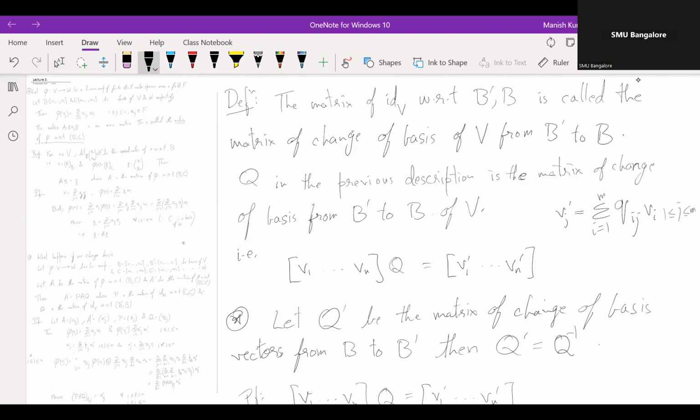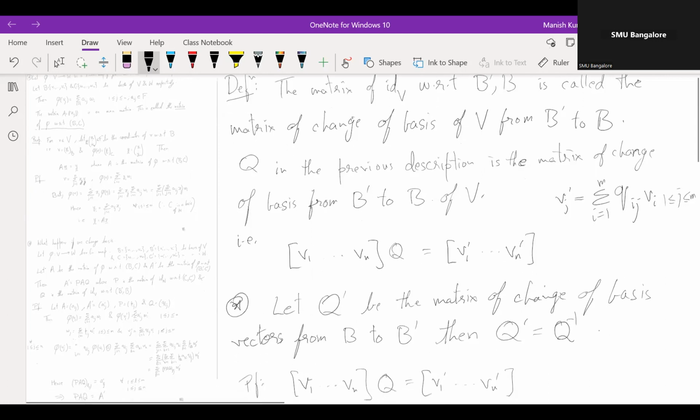This information you can symbolically write like this. If Q is this matrix, then think of these vi's as some numbers, and if you multiply with Q, you'll get v1 prime to vn prime. If you do this matrix multiplication thinking of Q as these qij's, you will get precisely this formula.